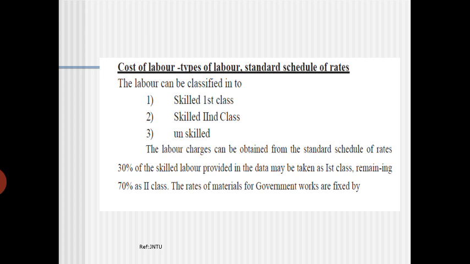Normally if you have 100% of the work, 30% of the people should be first class labors that you have to provide, and 70% of the people should be second class and unskilled. The 30% skilled labors provided in the data may be taken as first class, the remaining 70% second class and others, which includes the unskilled also. Of course the rates of materials for the government works are fixed by our PWD.